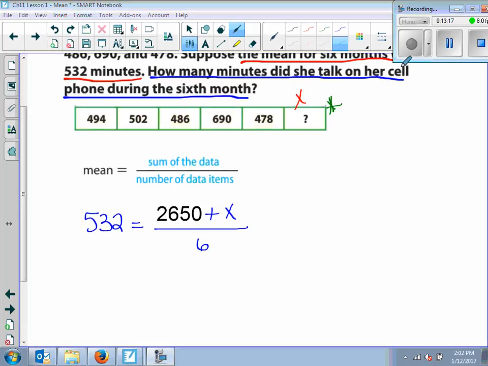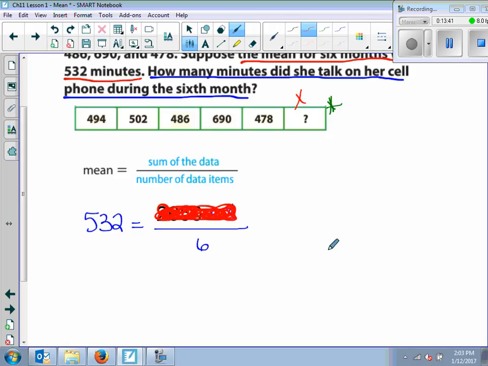Now, remember, I gave you a little strategy. Remember the cover up, right? So we're going to cover up the part that includes the variable that we're solving for. So we're going to cover all of this up. You can just cover it with your finger.